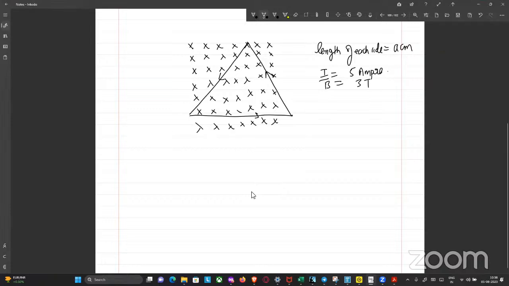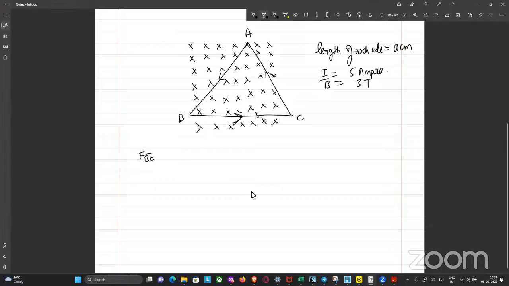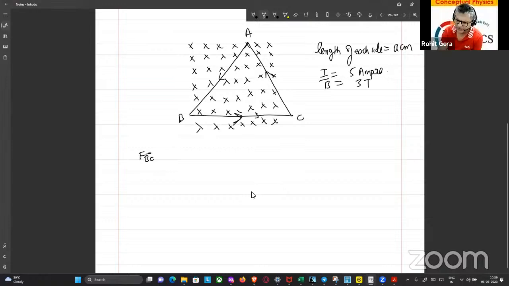So you can write it as A, B, and C. This is an equilateral triangle, 60 degrees each. So let's consider the section BC. Is the current outward or inward, cross? Inward. So you know the direction of the magnetic field is in this direction and your current is in this direction.